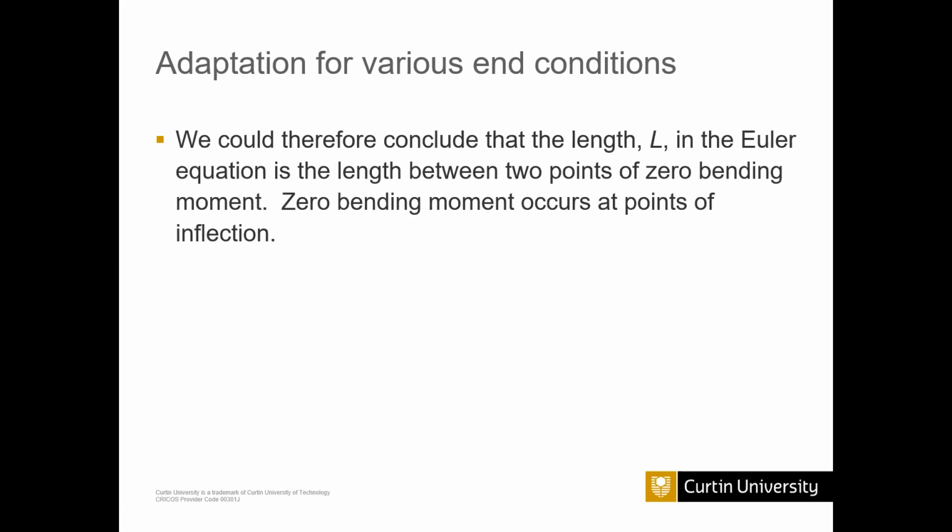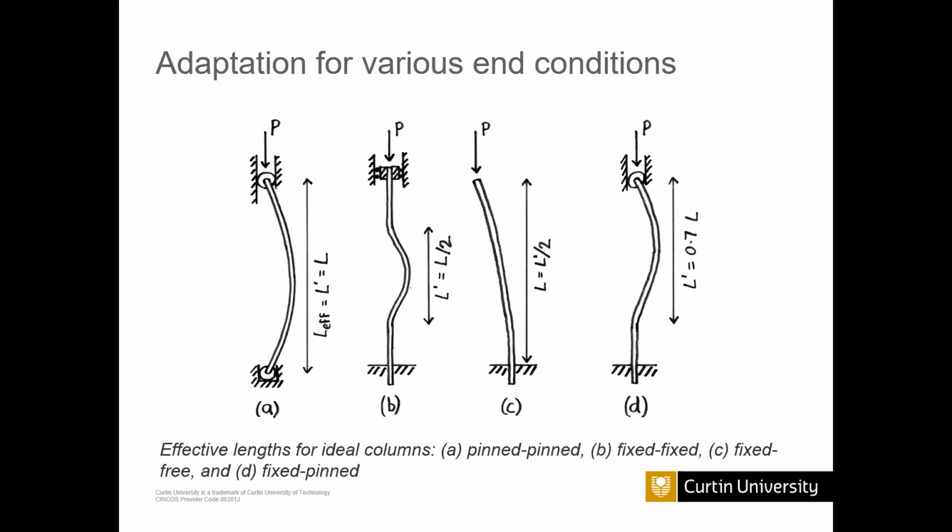So I'm not going to read these things. You can see here the first one, pin ends. Effective length. This means there is 1 degree of freedom here. The column can move along the y-axis.